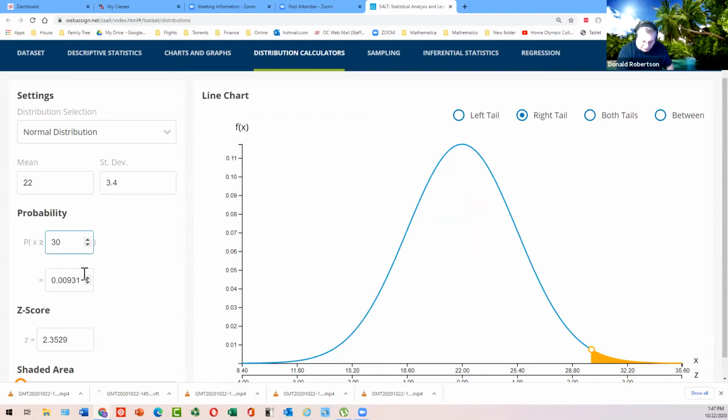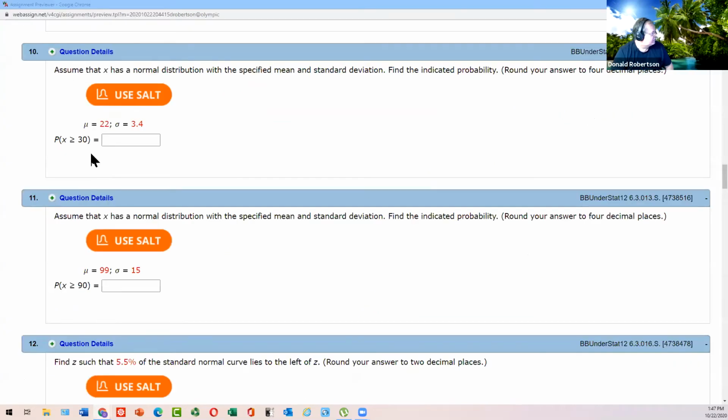And the answer is a very tiny 0.00931. And to 4 decimal places, that's all you write down.